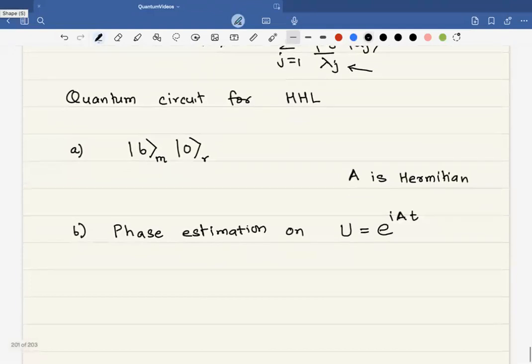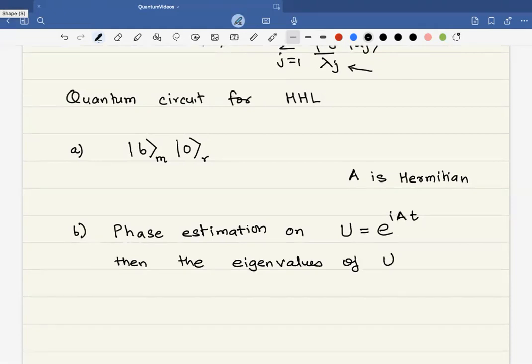Now, what does that do? If we do this phase estimation procedure for a suitable time, let's say t naught, then the eigenvalues of U are related to the eigenvalues of A, right?